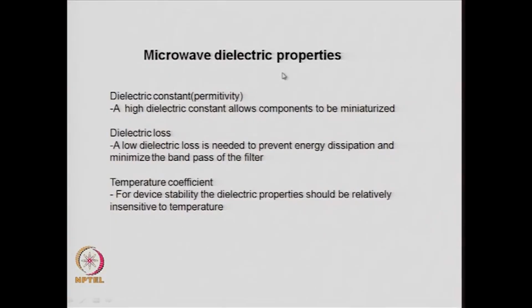Because you have so many applications in communication based on satellites and cell phones, microwave dielectric materials have become very important in the last 2-3 decades, because of their tremendous use in the communication and satellite industry. Now, these microwave dielectric materials should have very good properties in the gigahertz range of frequencies.